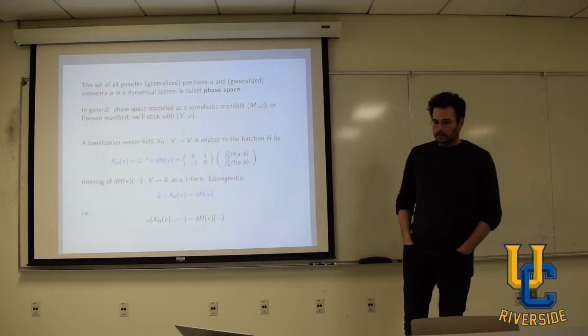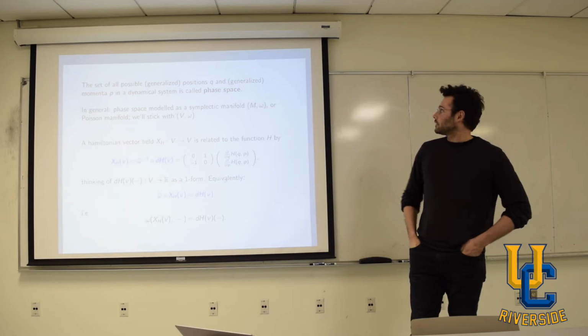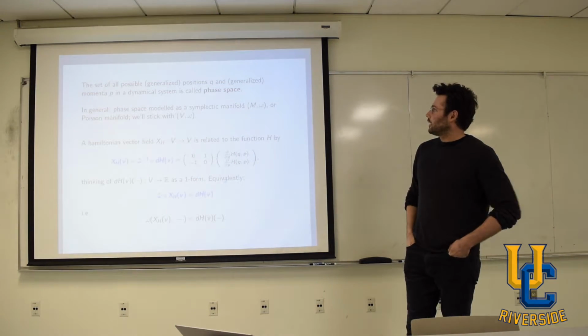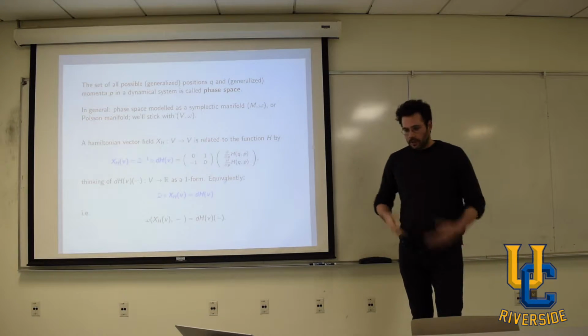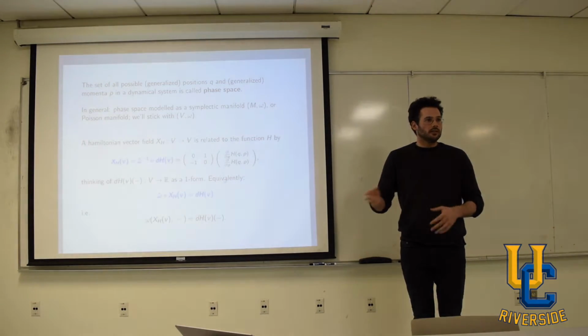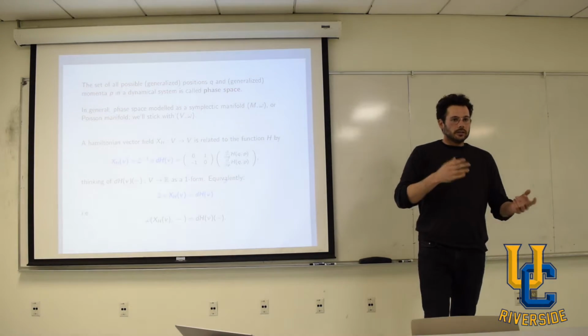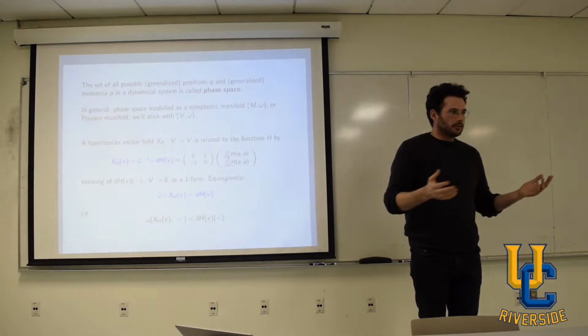Okay, and another piece of terminology is phase space, which is a name for the set of all possible generalized positions and all possible generalized momenta. I say generalized because in many examples we're not going to be thinking of the q coordinates just as position. They can describe maybe angles, or they can describe different degrees of freedom that some complicated system can have.